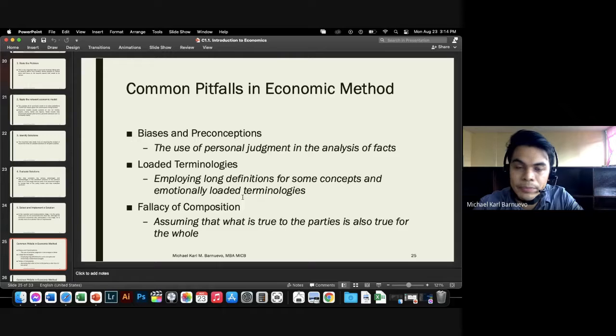For example, for me, my field of specialization is finance. Kayo naman, ang field of specialization nyo is more on hospitality management. And when we try to solve an economic problem, we will be having different solutions. Now, let's think of an economic problem. Let's say the tourism industry in the Philippines, what should we do?